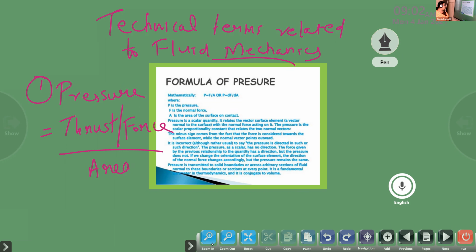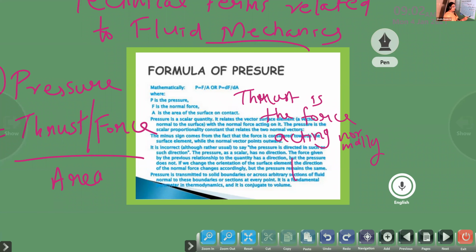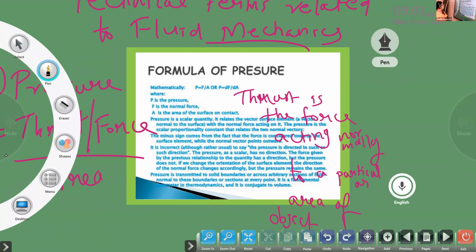Thrust is the force which is acting normally to a particular area of an object.